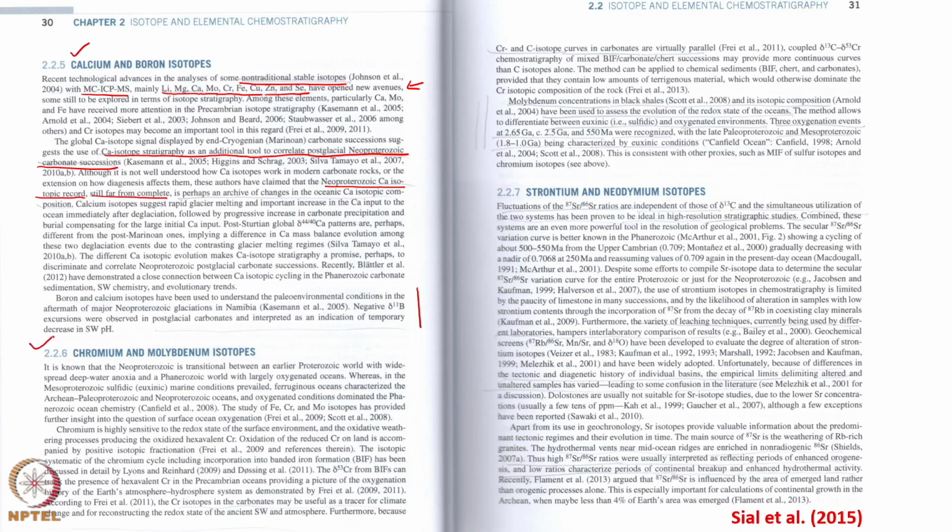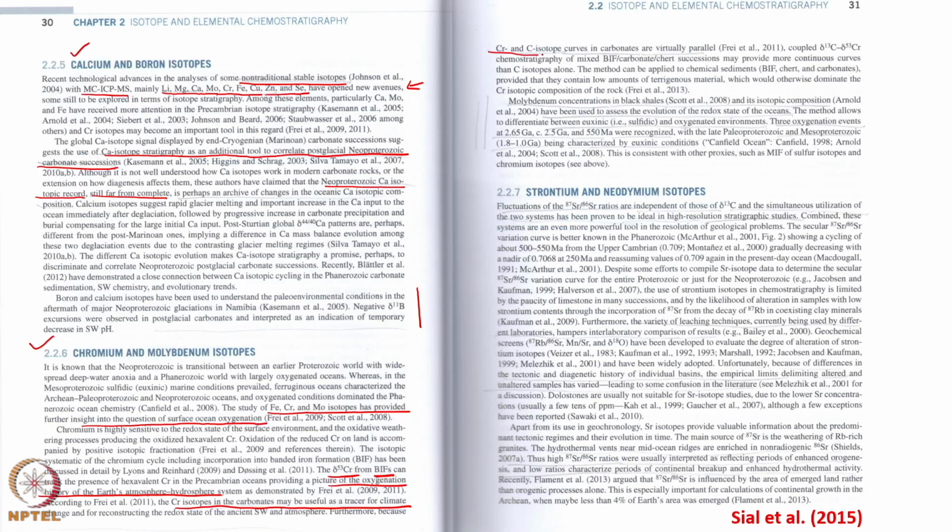Chromium and molybdenum isotopes. The study of Fe, Cr and Mo isotopes has provided important insights into the question of surface ocean oxygenation. Delta 53 Cr can give us an idea about the oxygenation history of the Earth's atmosphere when the banded iron formations were deposited. Chromium isotopes in the carbonates can be useful as tracers for the climatic changes.